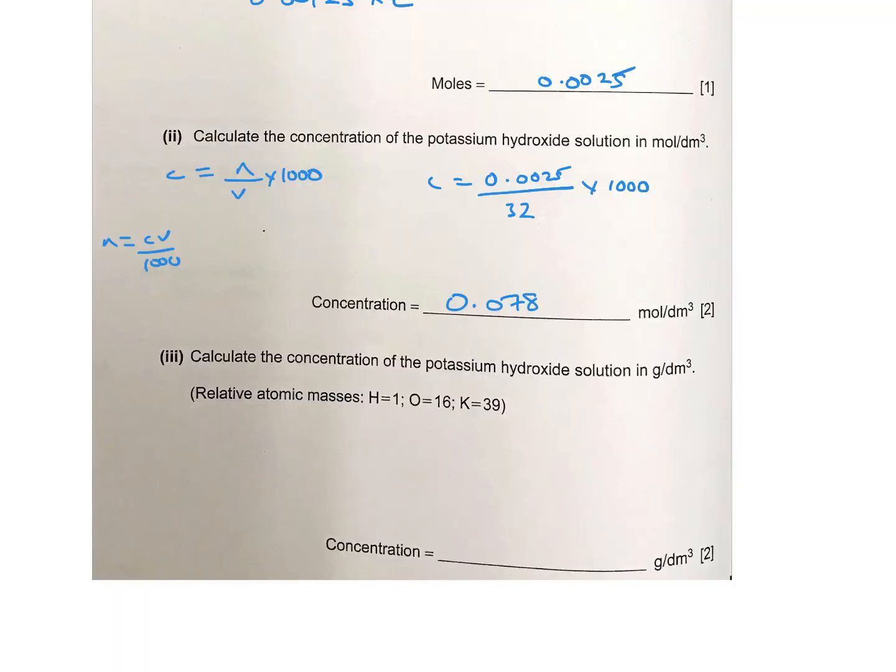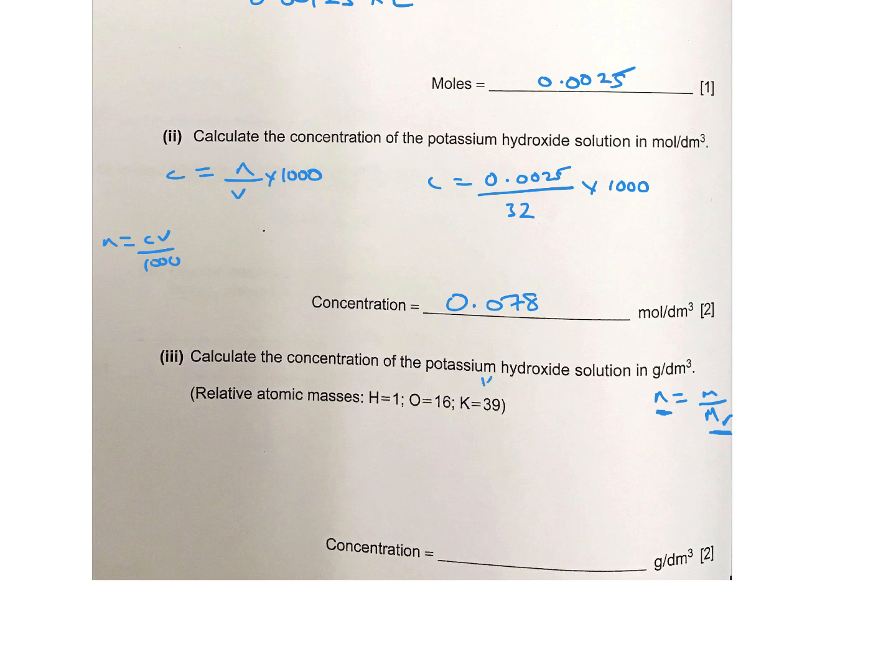We then have to convert that to grams per cubic decimetre. Well, here we're going to use n equals mass over Mr, or RFM. So we have got the value in moles per cubic decimetre. And we can work out the RFM of potassium hydroxide.